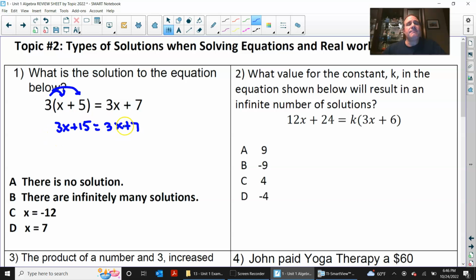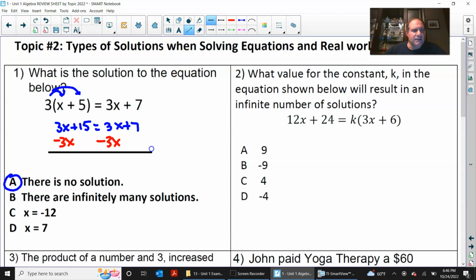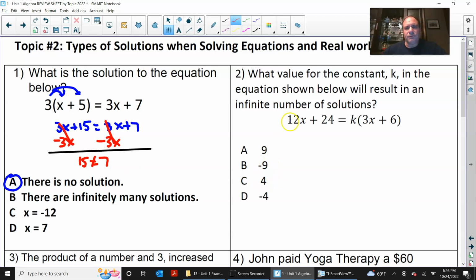When you have the same x on both sides of the equation with different other numbers, there is no solution. And you could go further and just subtract the 3x on both sides, like you're solving any equation. This cancels. You have 15 does not equal 7. So there is no solution.